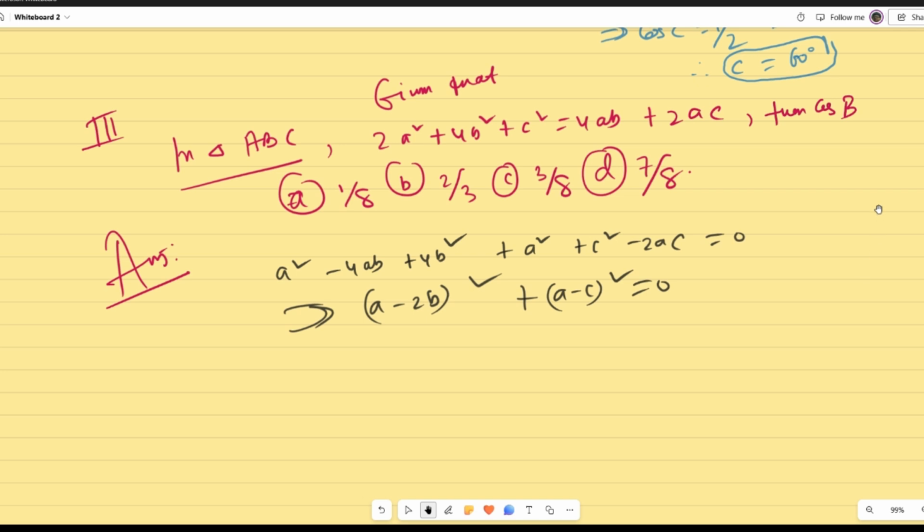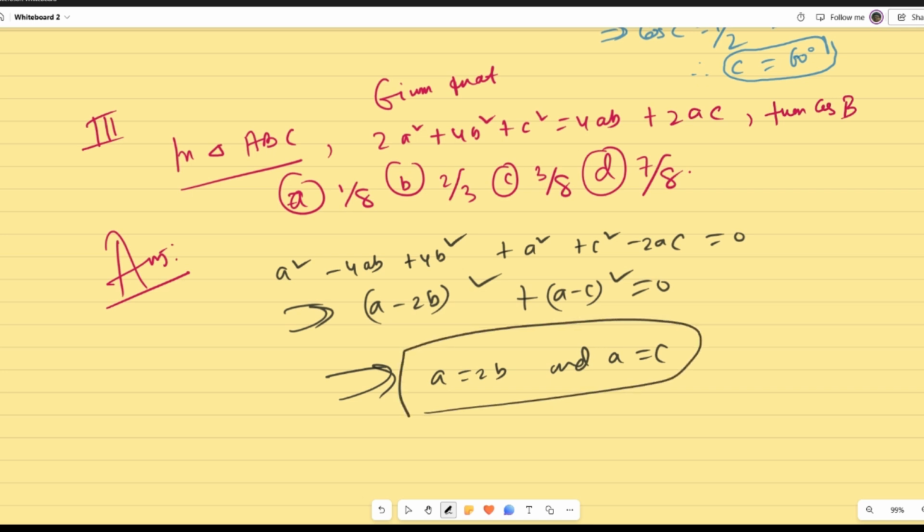You can say that sum of two squares is 0 when they are separately equal to 0. So this must imply A equal to 2b and A equal to c. Sum of two squares 0 means separately they are equal to 0. From there we are getting A is 2b, A is c.